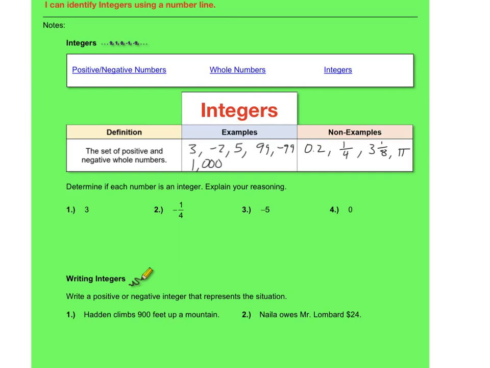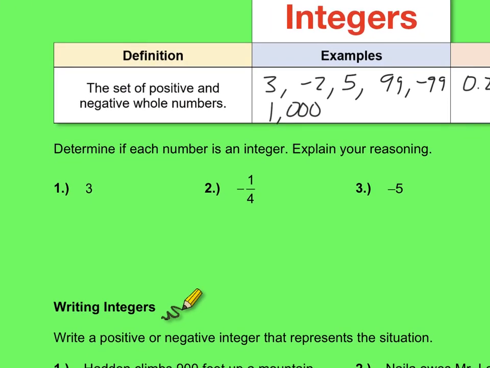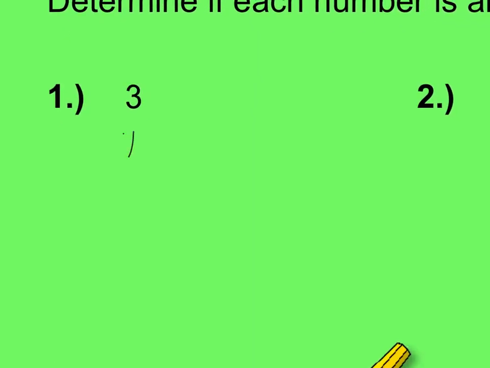So let's go down and look at each one of these. Determine if each number is an integer. Explain your reasoning. On your sheet, I would like you to write your explanation in a full, complete sentence. I'm just going to say it out loud because I'm talking. We have the number 3, and 3 is an integer. Your reason would be 3 is an integer because it is a positive whole number, no decimal, no fraction.